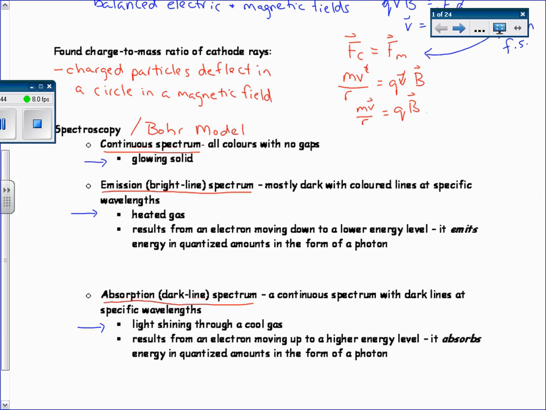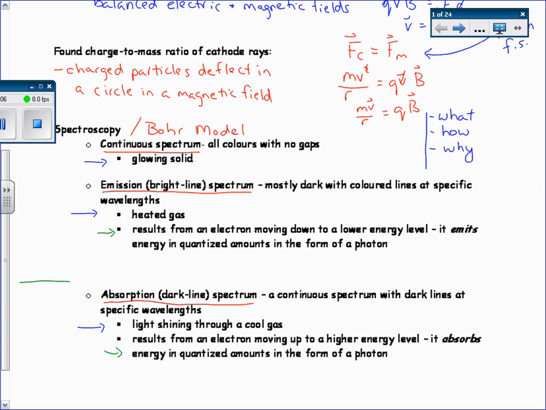So you need to know what, how, and why for each one, basically. So what they each are, how they're made, and the why. And the why is only for emission and absorption. And so remember that an emission spectrum results from an electron moving down to a lower energy level.